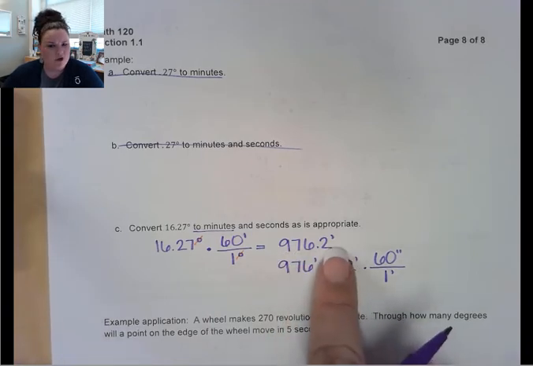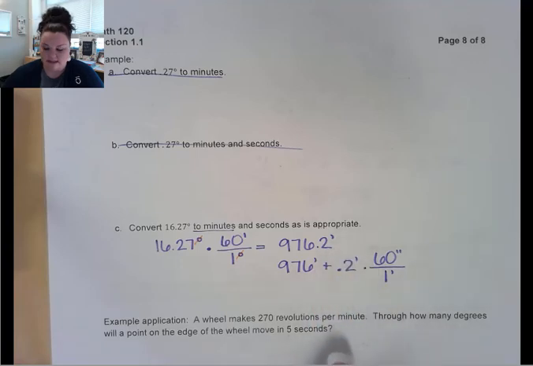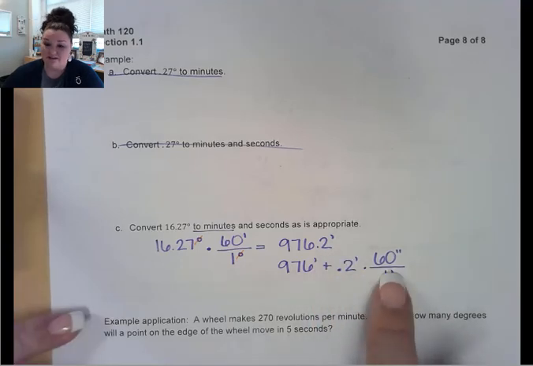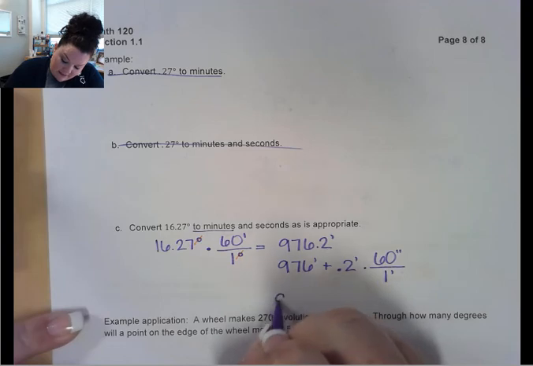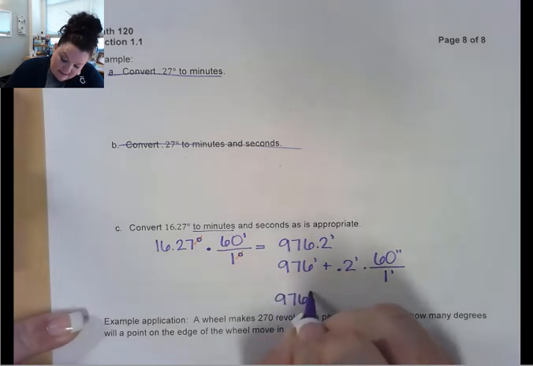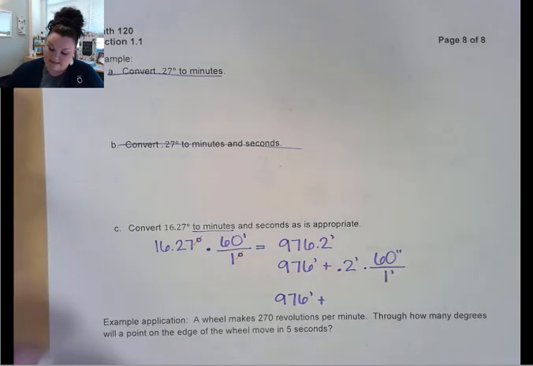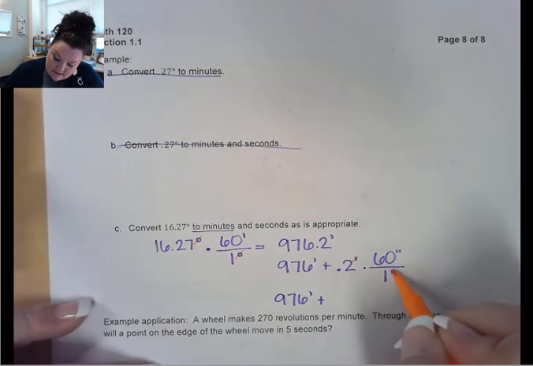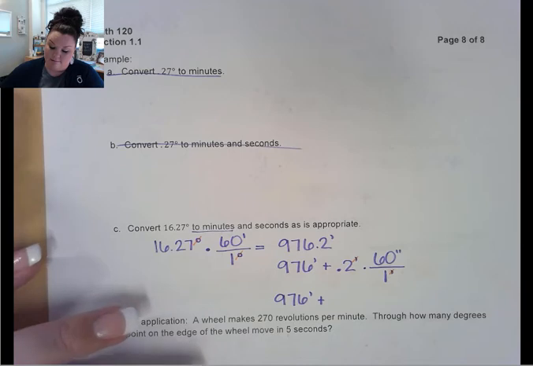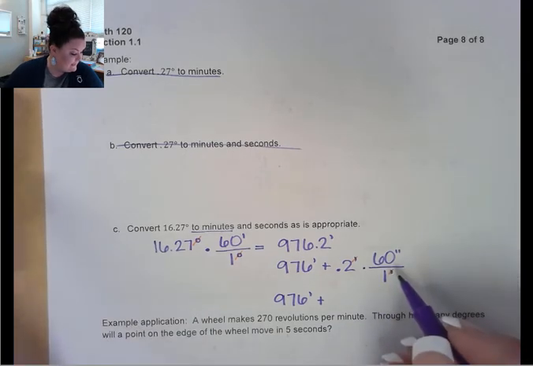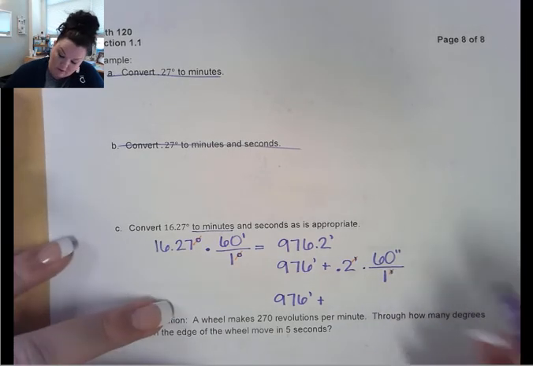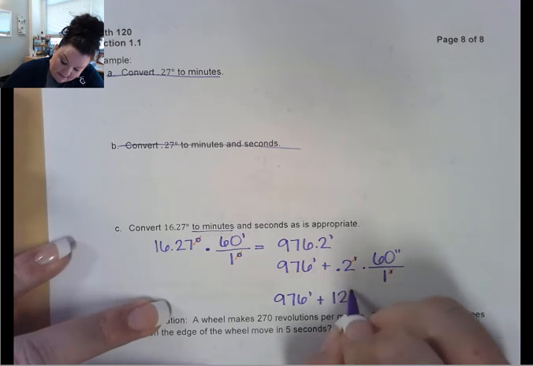But since I ended up with a partial minute, that partial minute I need to change to seconds. So I still have my 976 minutes plus, and over here my minutes are going to cancel, and 0.2 times 60 gives me 12 seconds.